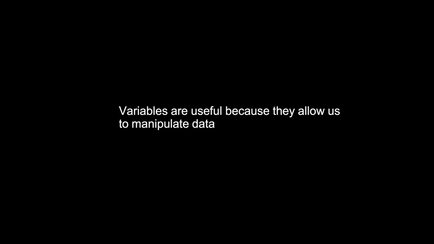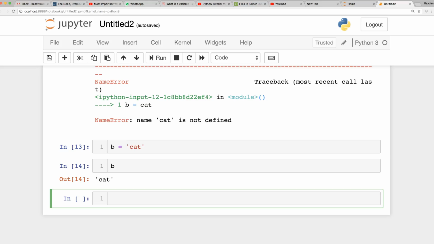Variables are useful because they allow us to manipulate data. We've just seen now how you can create variables and assign information to them. And now we'll look at a small example of how a manipulation can occur. So back in our Jupyter notebook, I'm going to reassign some of our variables.